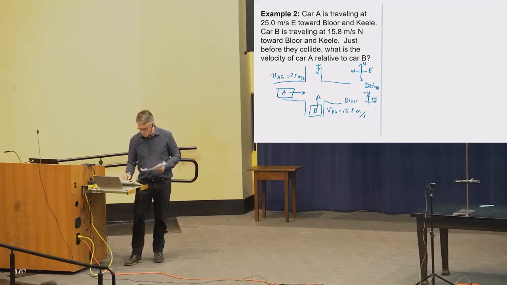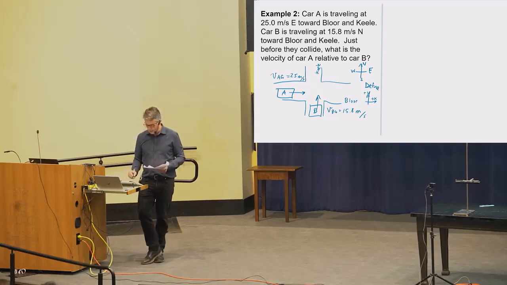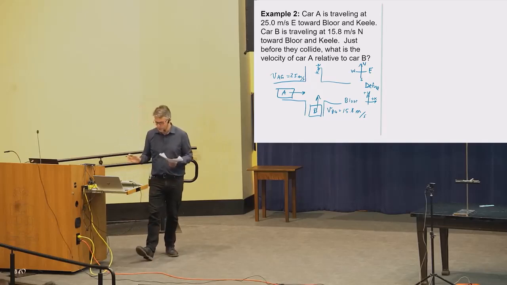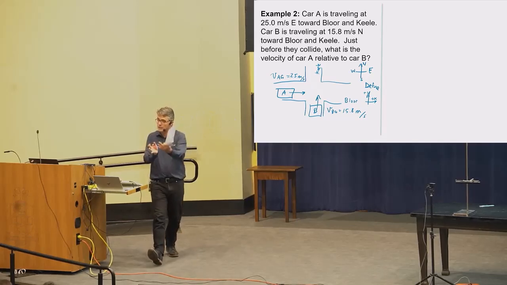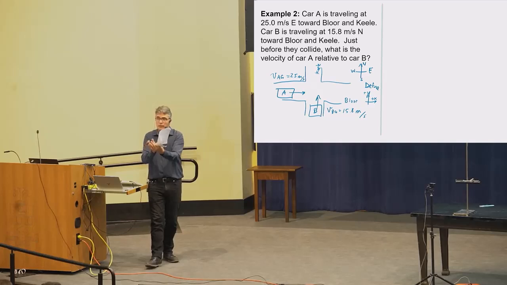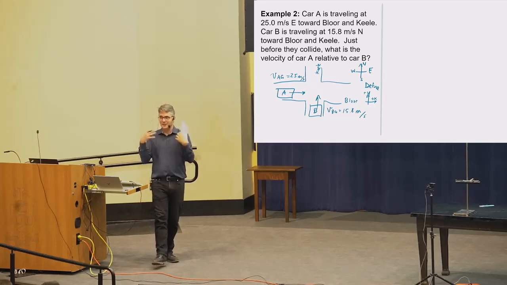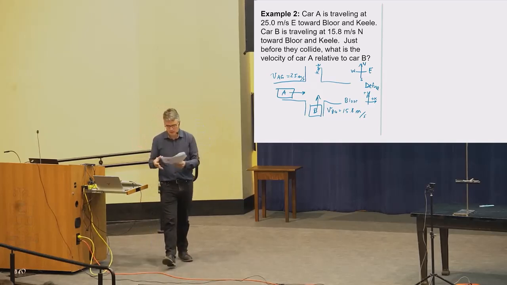It's asking, just before these two cars collide, what is the velocity of car A relative to car B? Unfortunately this is about a car accident, but if you're in car B, it's not the 25 meters per second car A is going, it's the relative speed it's going relative to you. Because again, car B is always at rest relative to car B.